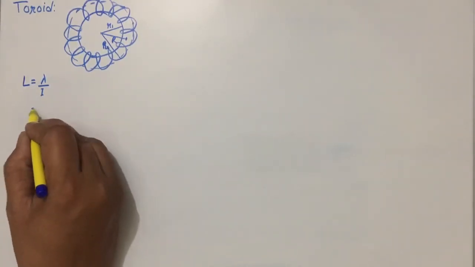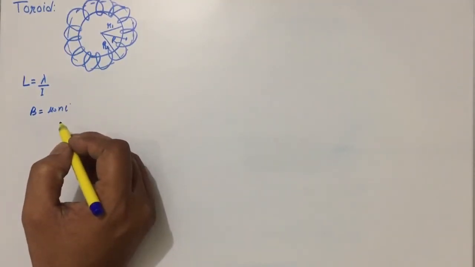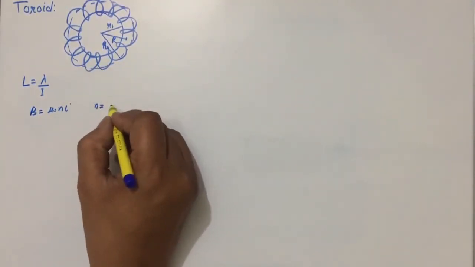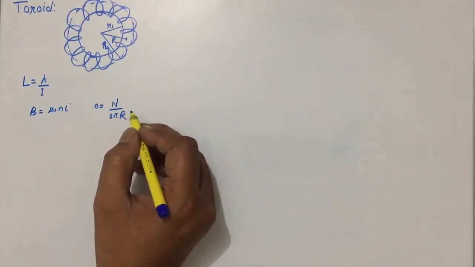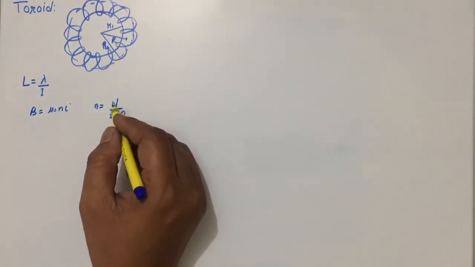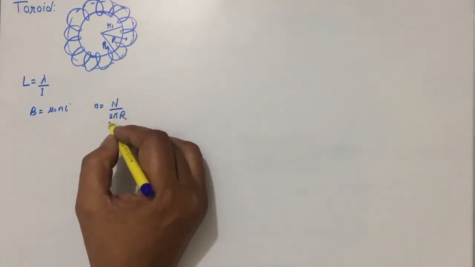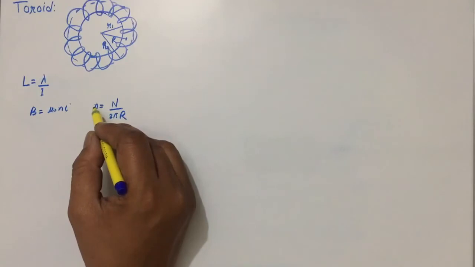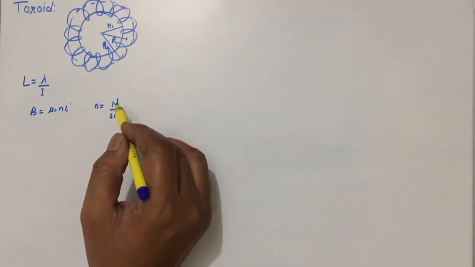So B can be written as mu naught n I, as we have done in the previous case, whereas here n can be written as capital N divided by 2 pi mean radius R. Total number of turns in the toroid divided by the mean circumference, that is the number of turns per unit length of the circular shape of the solenoid.